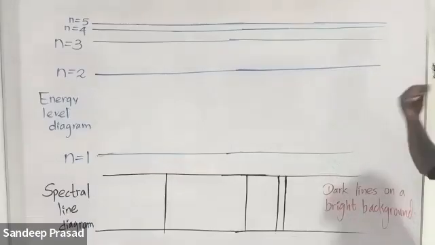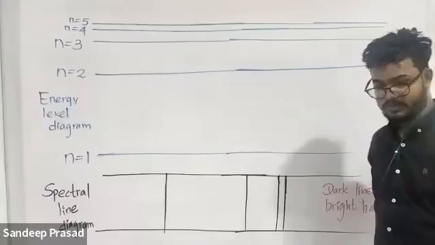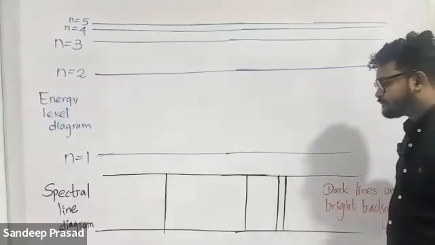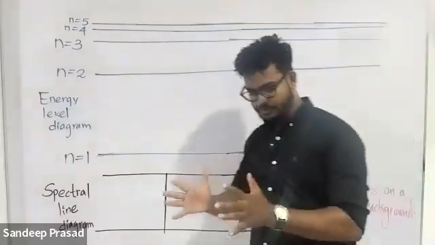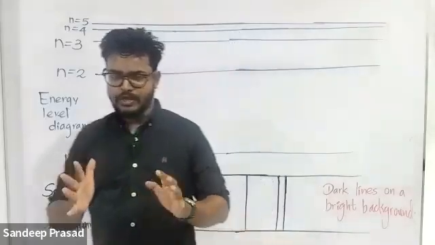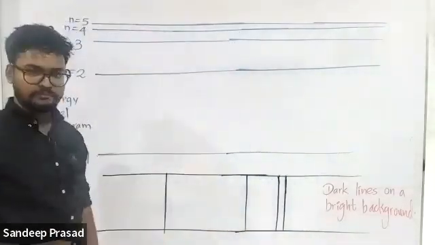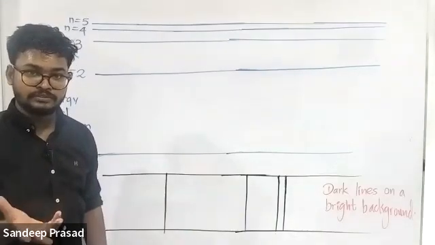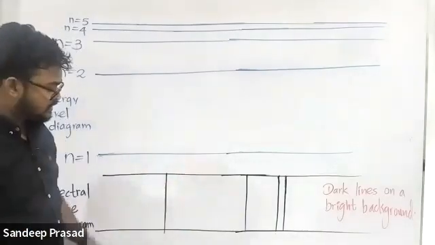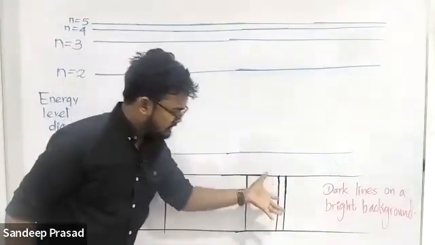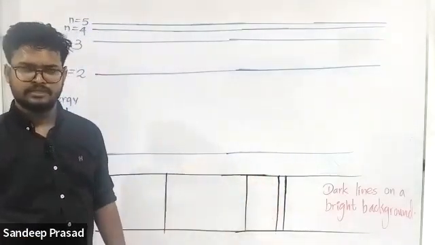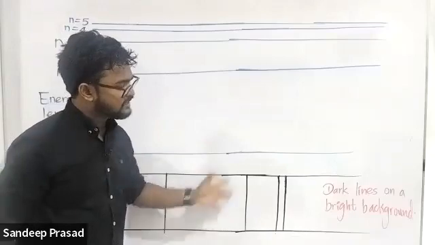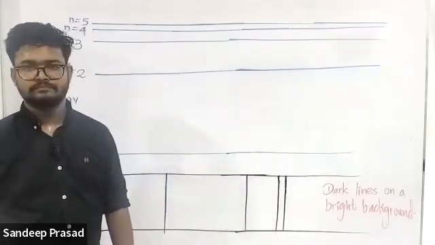Now, ladies and gentlemen, look at this one. Be careful. Absorption spectrum. I'm going to explain that using the energy level diagram. Ultimate truth. We are going to learn that one. Sir, what is this line? Why are these lines approaching each other?